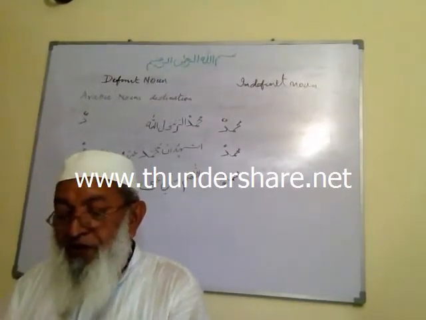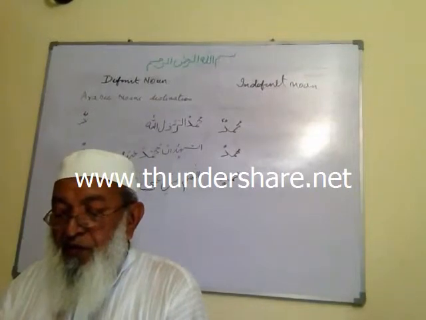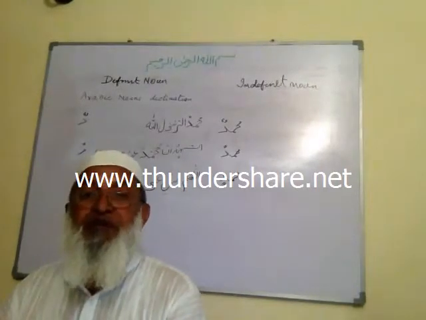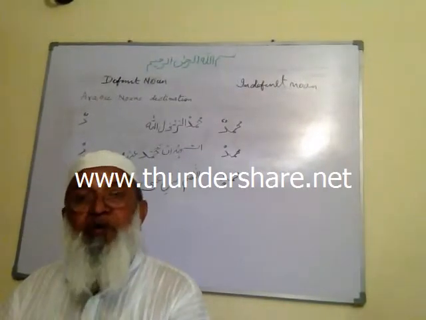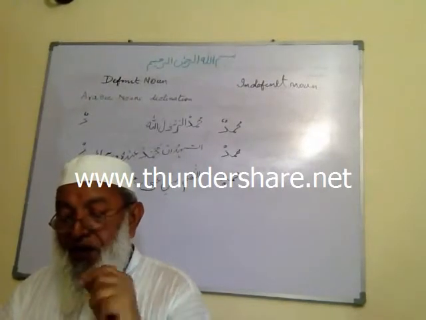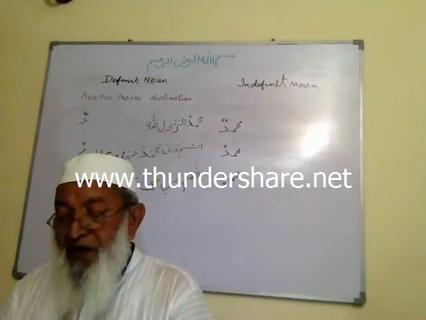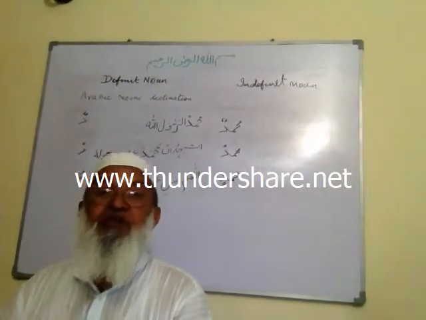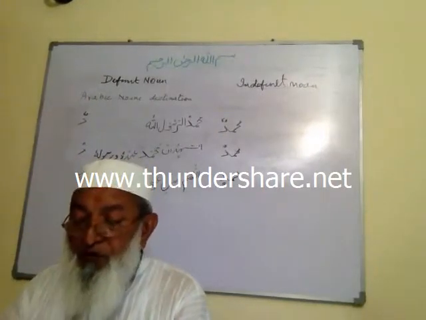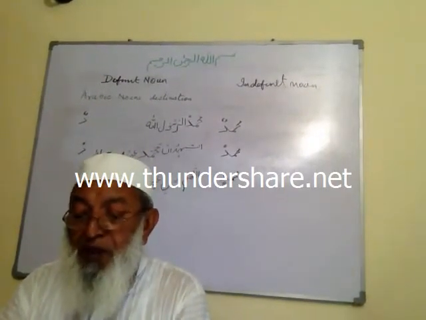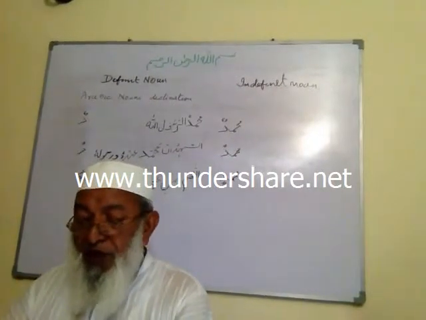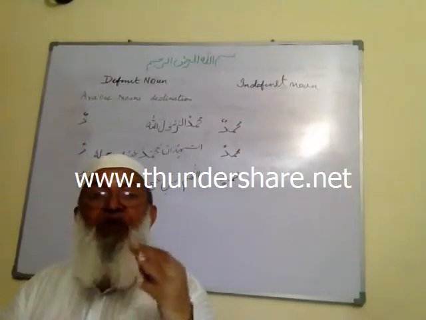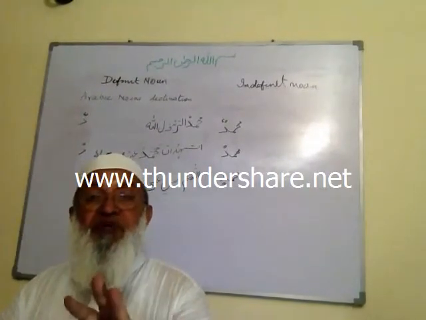We are using tanween in three different endings. One is dun, one is dan, one is din. This is called the endings, because in Muhammadun, Muhammadan, Muhammadin, it is coming at the end. So these are the three conditions we are using for three tanweens.